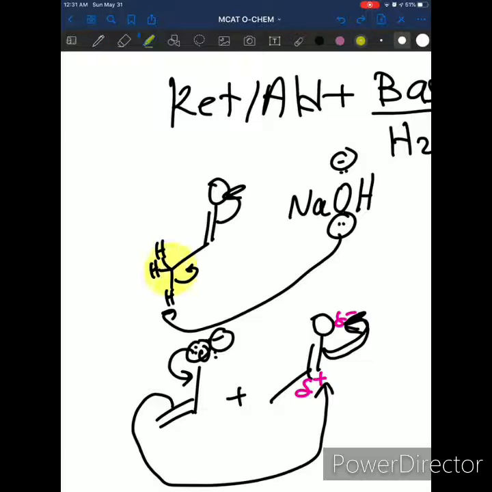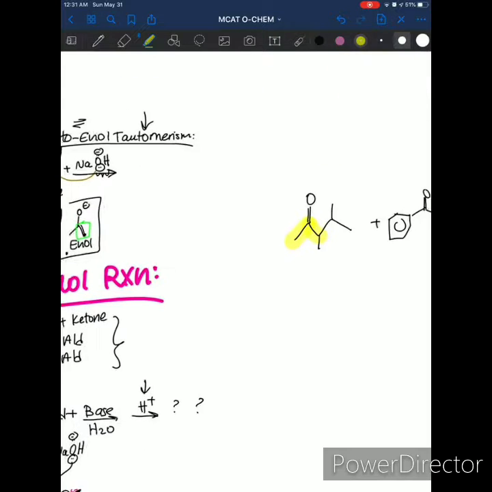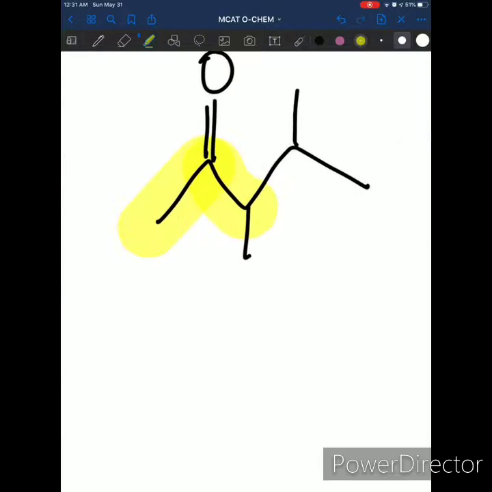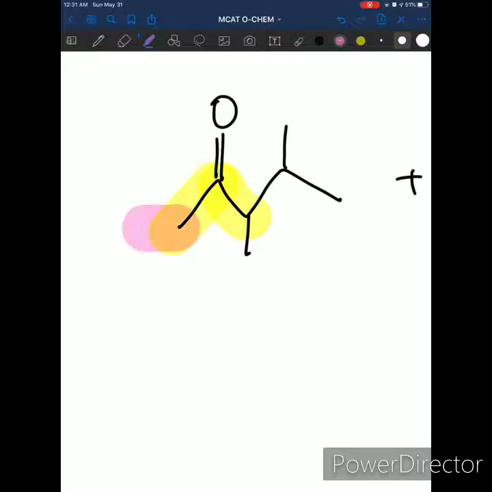I only had one carbon right here that was acidic, I mean, that had acidic hydrogens on it. That's the only carbon that had acidic hydrogens on it. Let's go over here and count how many acidic hydrogens I have. So I have 3 from this carbon, 1, 2, and 3 hydrogens. But I also have 1 hydrogen right there, right?